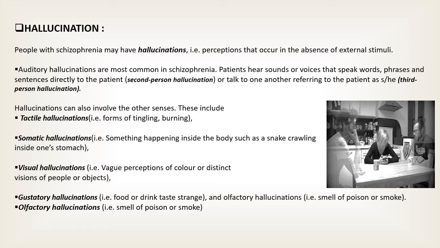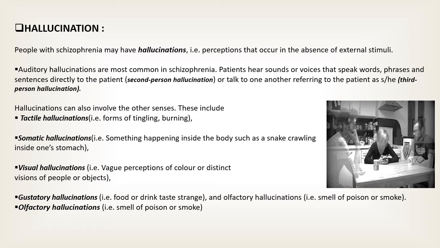That means someone is directly talking to him or her, but in reality there is no one. But the person can hear sounds and voices, or voices talking to one another referring to the patient as she or he. That is third person hallucination.